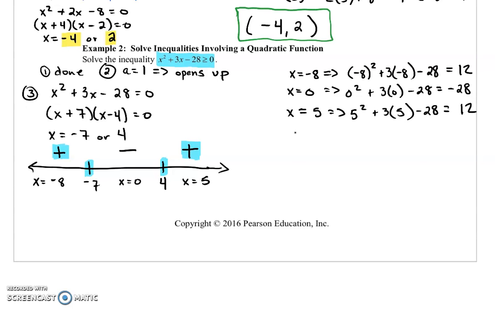For this one, our solution interval is going to be negative infinity, not included because we never include the infinities, to negative 7, which we do include because of the greater than or equal to symbol. Then we have a second piece which starts at 4, including 4, and goes to positive infinity.